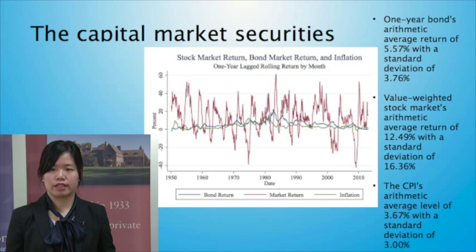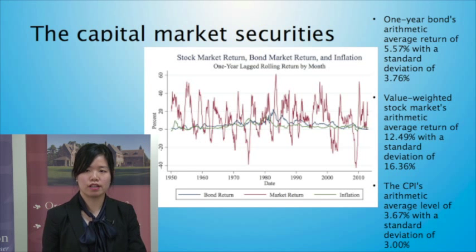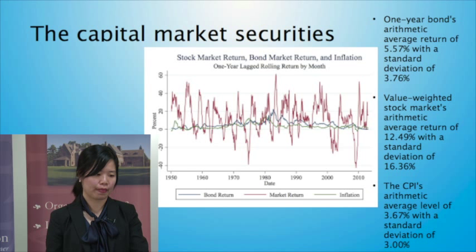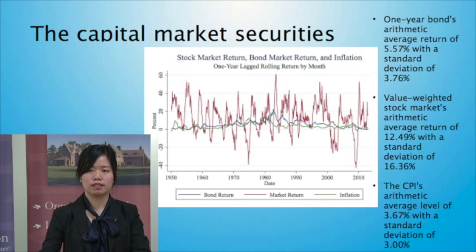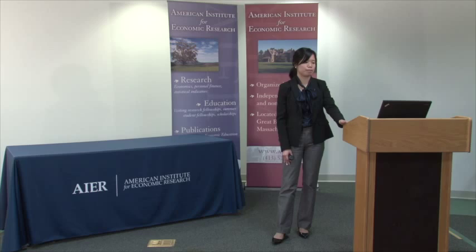Much riskier, but the rate of return is also much higher. The inflation in the past 6 decades is around 3.67%. So if you invest, it's worth it because the rate of return, both for bonds and stocks, is higher than the inflation rate. But the bond is less risky and the stock is much riskier than the bond.